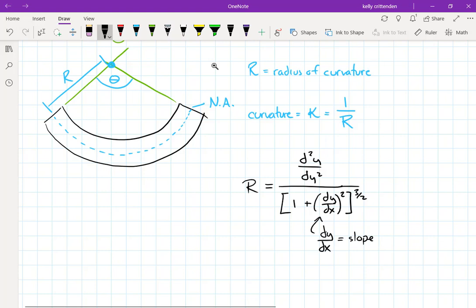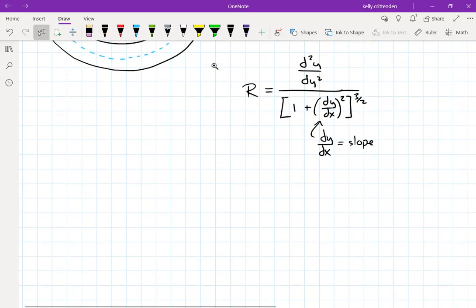And in this case, that means if I were to draw the beam as it's bent, then at any point, let's just pick this point, that's the slope of the thing, right? So that's dy dx, rise over run for some point. So it's the slope of a tangent line.